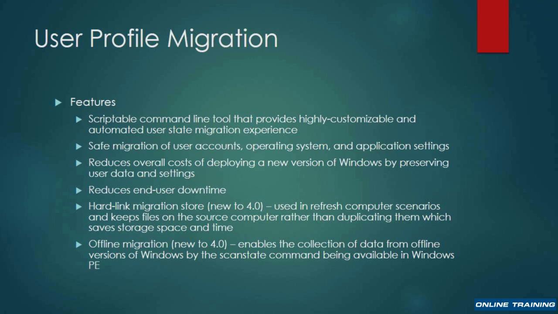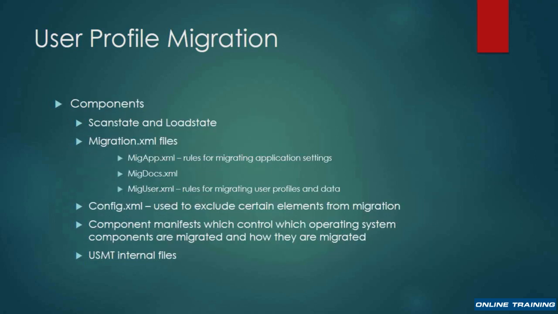And then we can run load state on the other side. So that's changing not the order, but specifically when scan state would be run. So that would be another option in this current version of the user state migration tool.